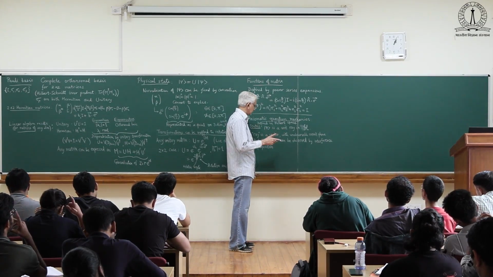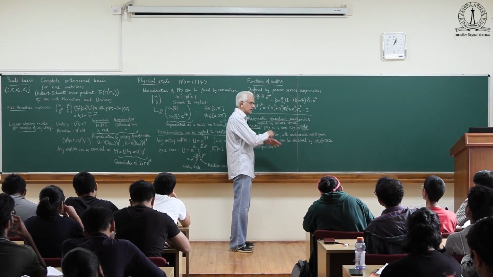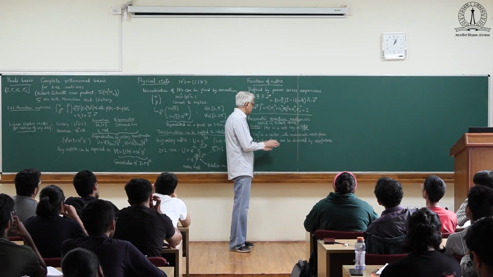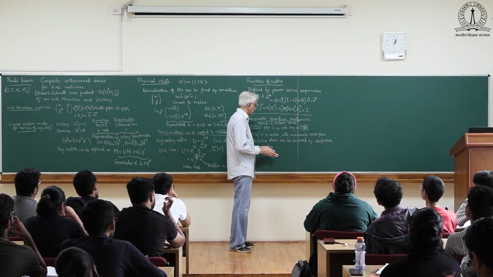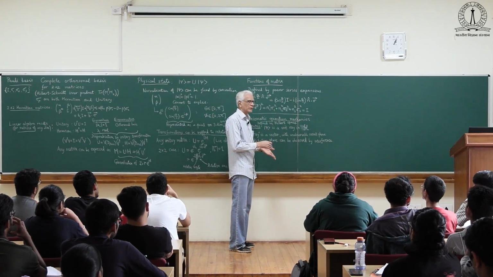So we will take two signals, you can add them, and then some overall phase comes, you can throw it out. But if you take just two arbitrary vectors and add them, you have the possibility of getting an arbitrary overall phase.